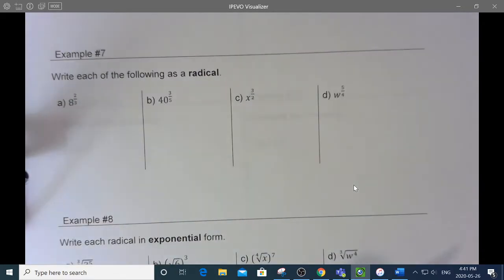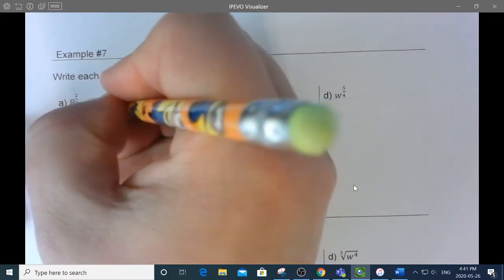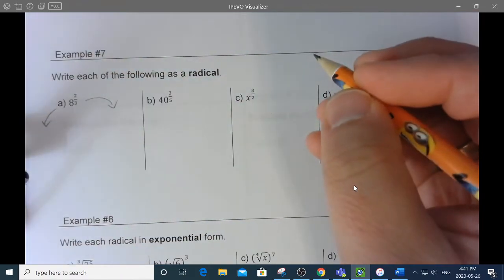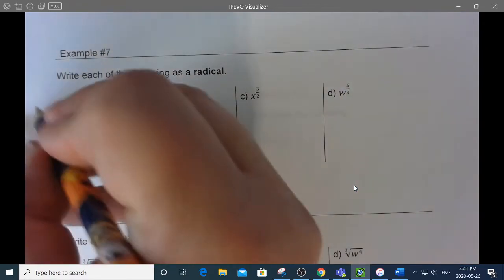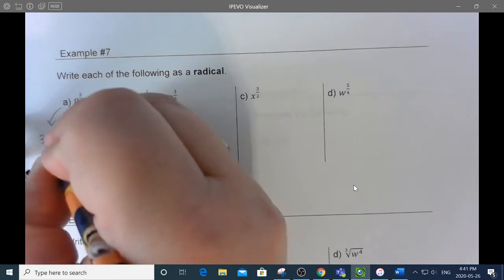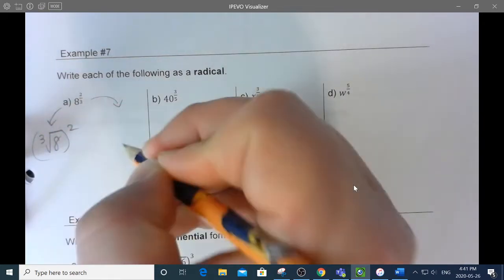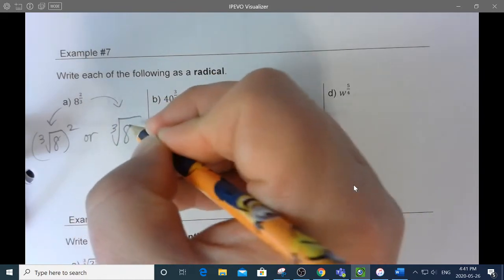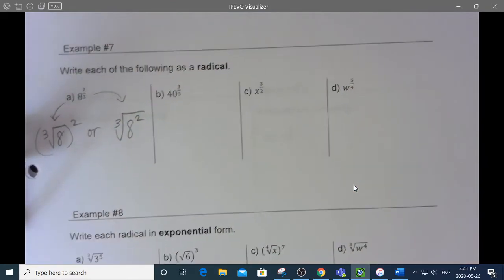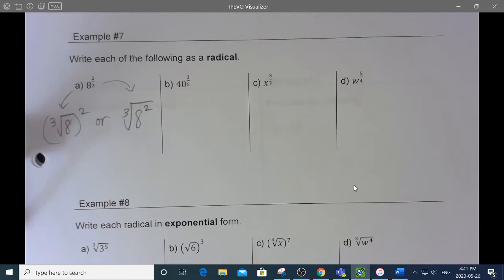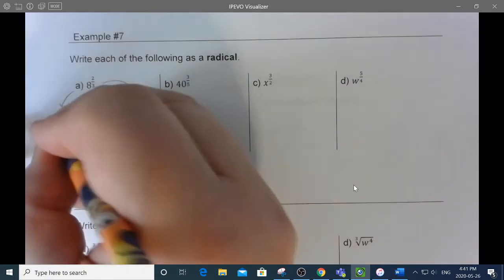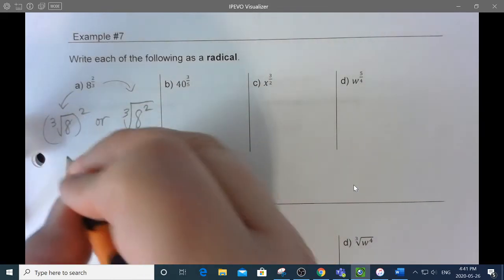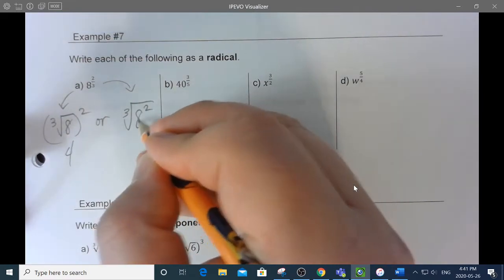I can say that this is, and I'm going to do this two different ways, the cube root of 8 all squared, or it's the cube root of 8 squared. It doesn't matter what order I do it in. Isn't that cool? Try it. The cube root of 8 is 2. 2 squared is 4. 8 squared is 64.